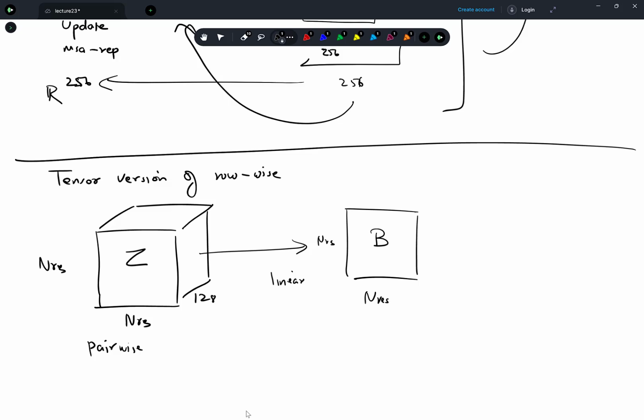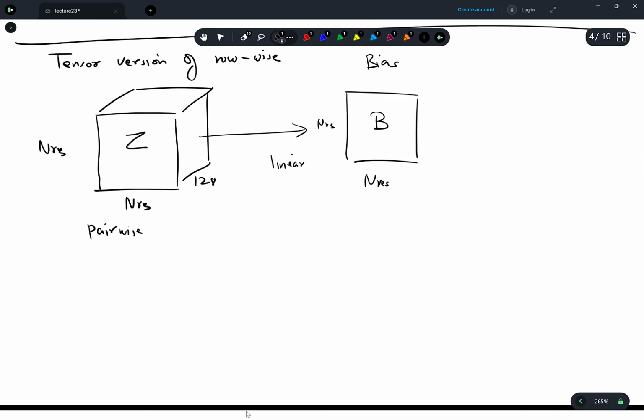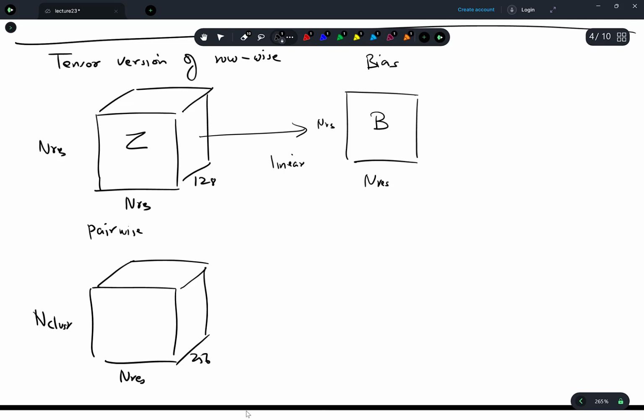Then you take your MSA, which is n plus by nres by 256. So here's what you're going to do. I'm going to show you for a given S, and then you can generalize this, because then I have to think even more, which I'm trying to do on the fly.